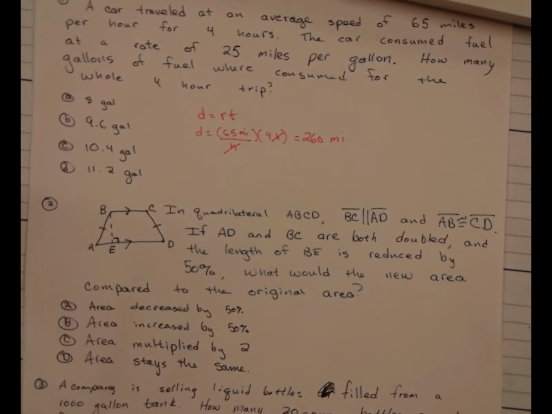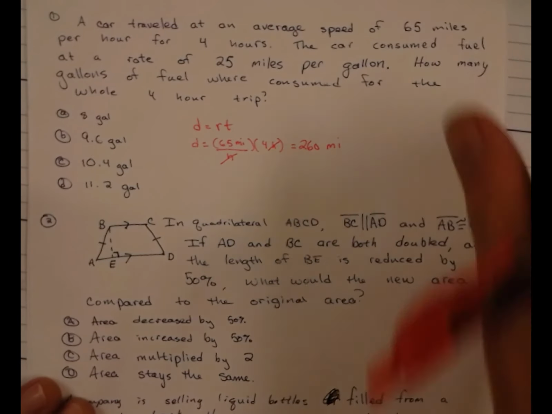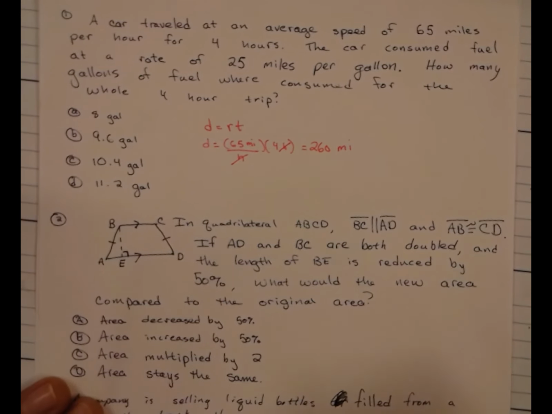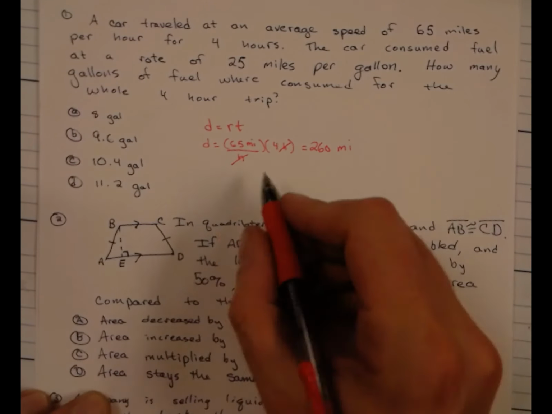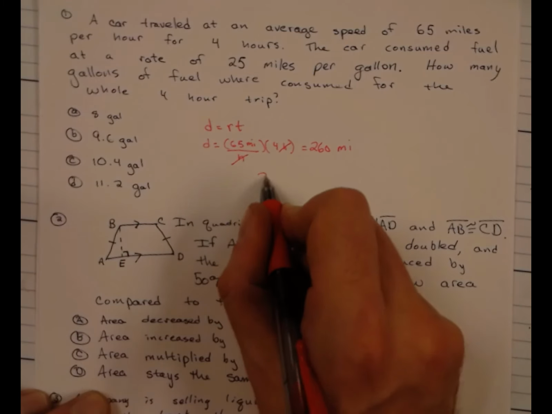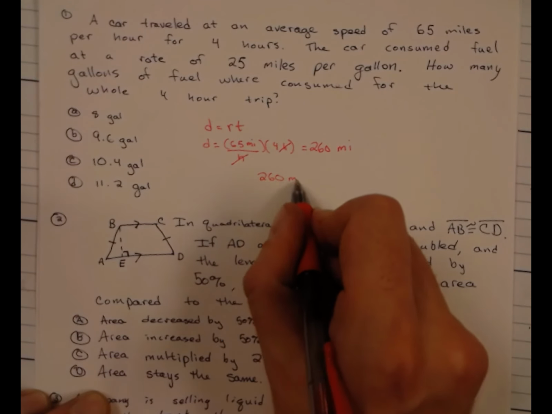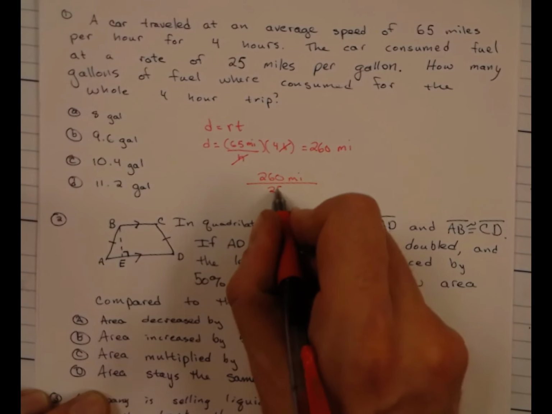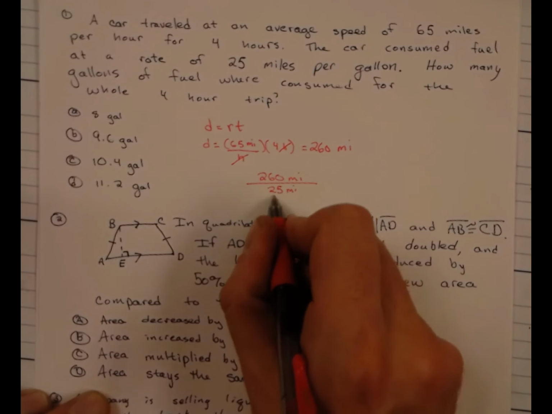So 260 miles is the entire trip, and then if the car gets 25 miles per gallon, we can figure this out by taking our total miles, divided by the miles per gallon.